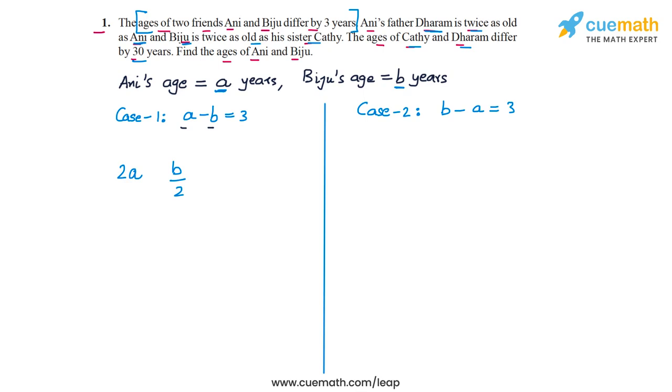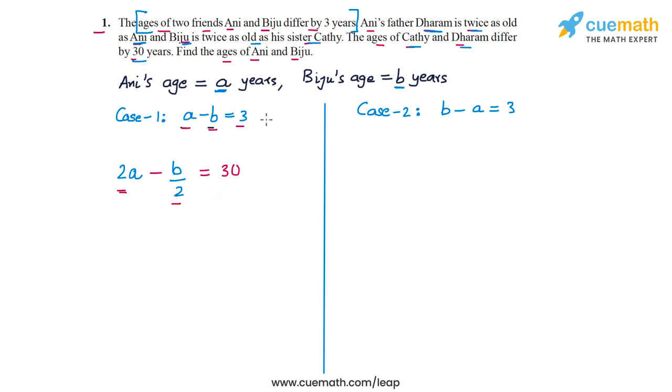Now in this case we clearly know which is larger. The age of Dharam must be larger than the age of Kethi because Dharam is Ani's father while Kethi is Biju's younger sister. So we can say that 2A minus B by 2 is equal to 30. So we get two equations, A minus B is equal to 3 and 2A minus B by 2 is equal to 30.